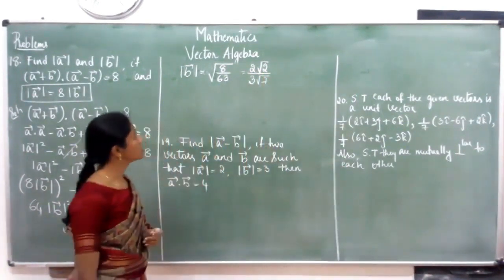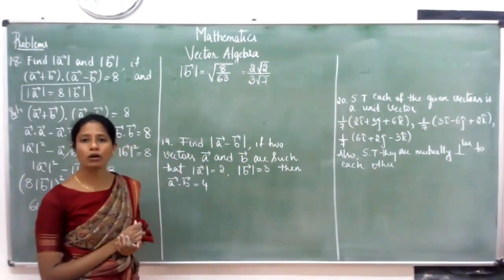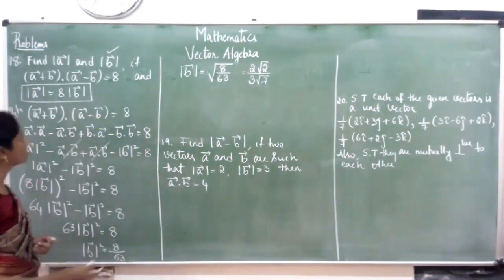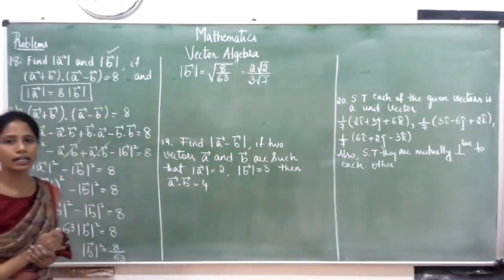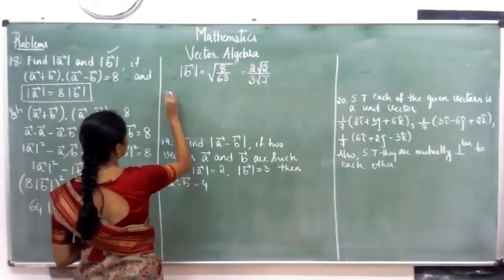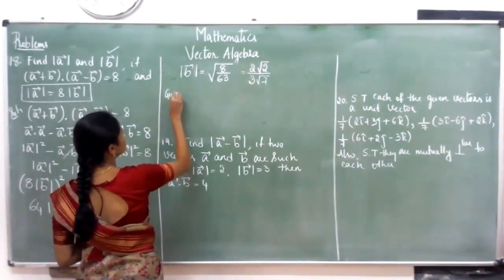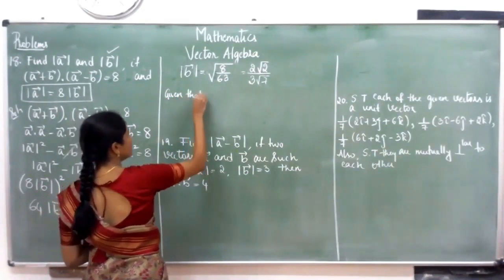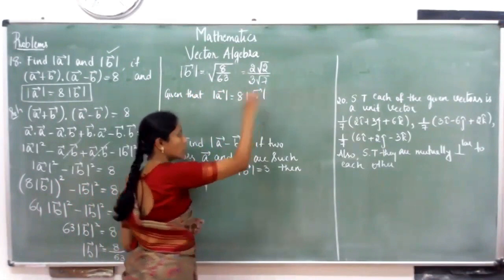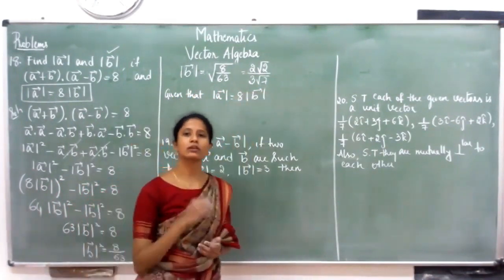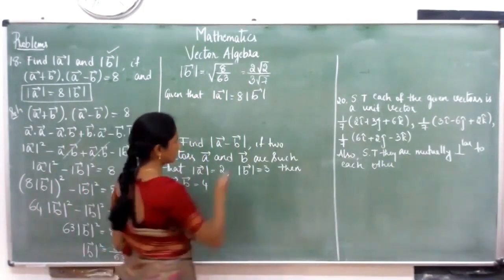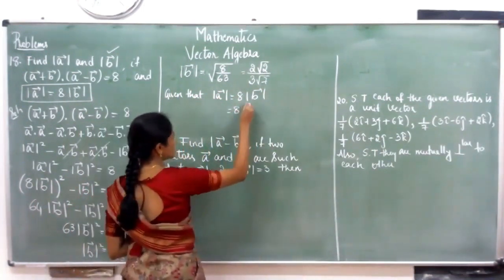Okay, now, so we found the value of magnitude of vector B. We need to yet find what is magnitude of vector A. So by considering the given data, magnitude of vector A is 8 times magnitude of vector B. Now by substituting the value of magnitude of vector B, we can find the value of magnitude of vector A. So let us substitute.